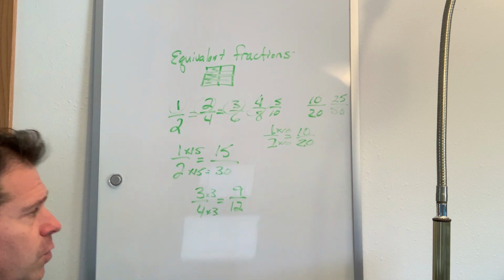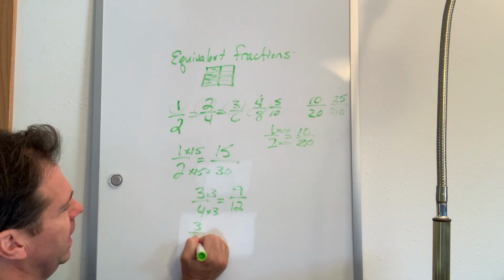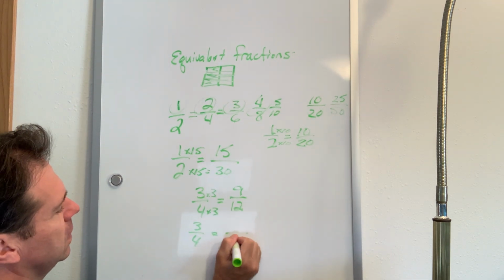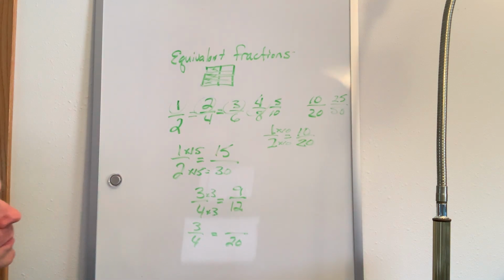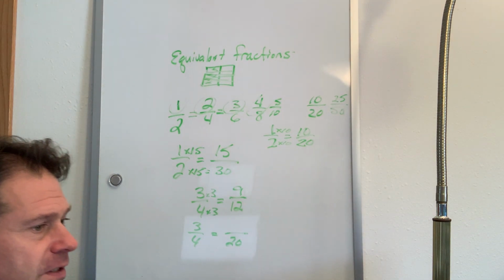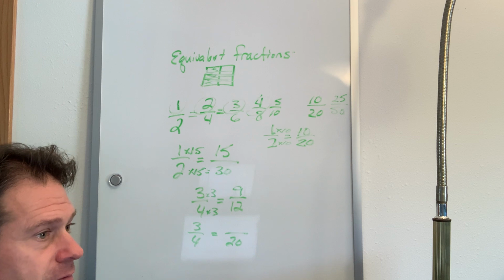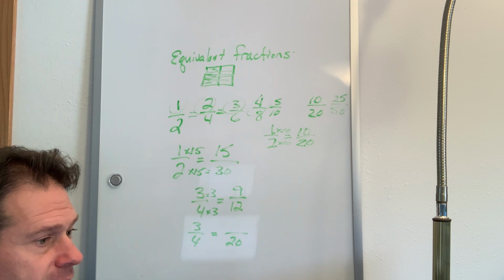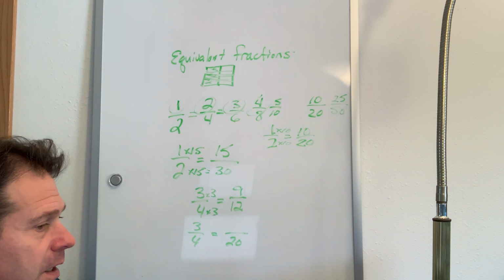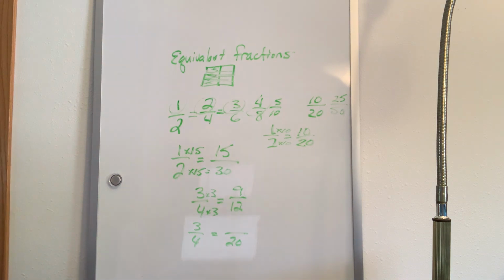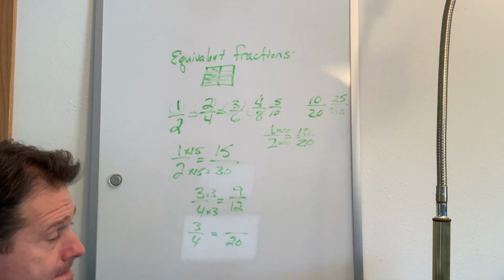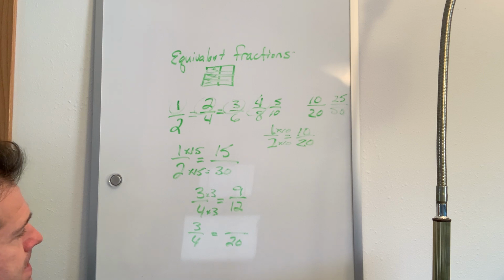Okay. How about 3/4 and something over 20? We can do this one for us. 3/4 and something over 20. All right, Sid, go ahead. 15/20. How did you get that?